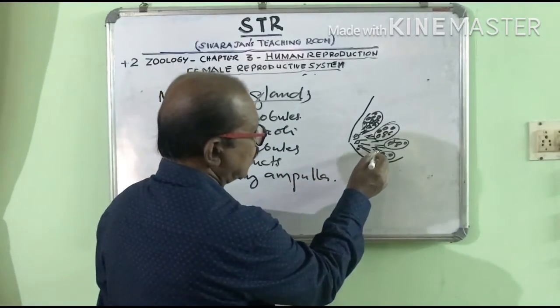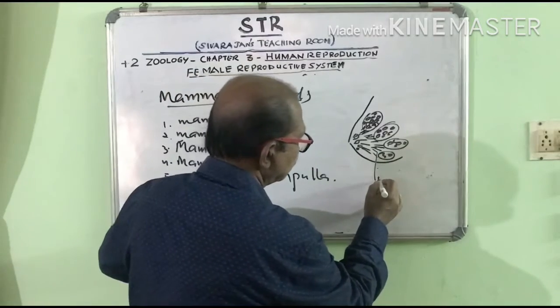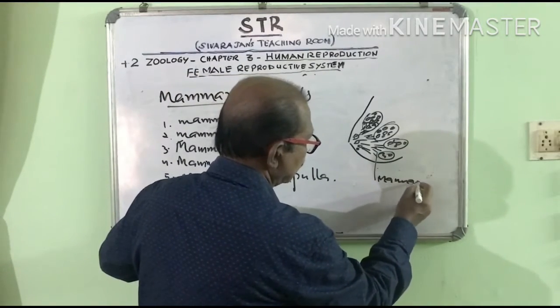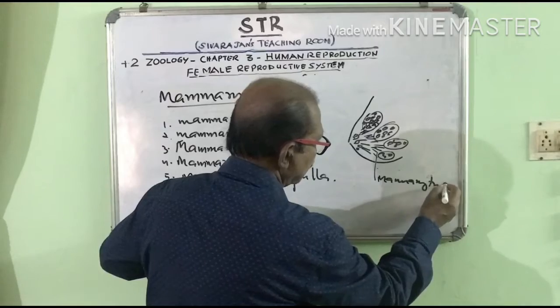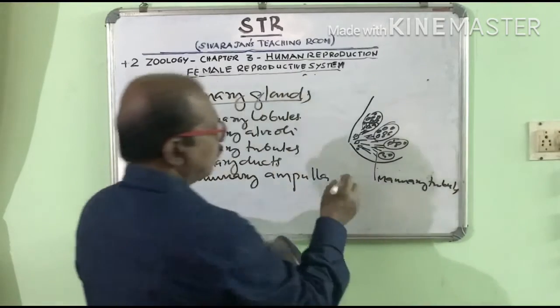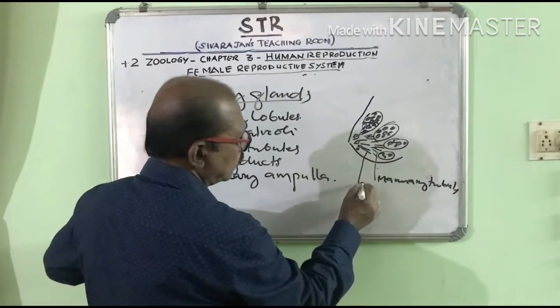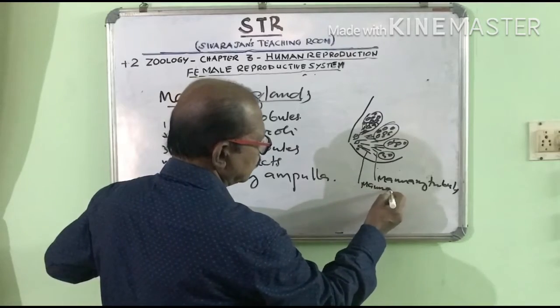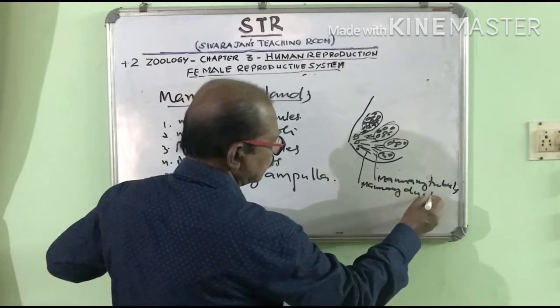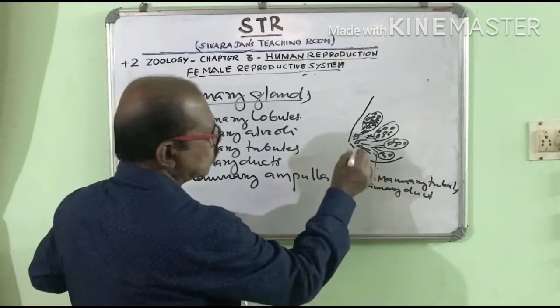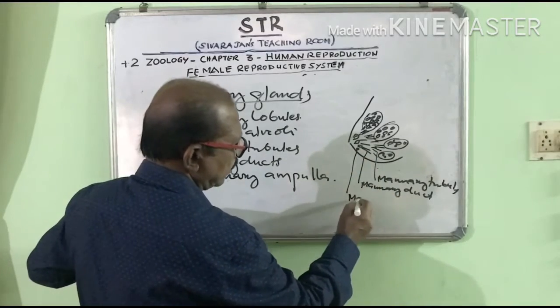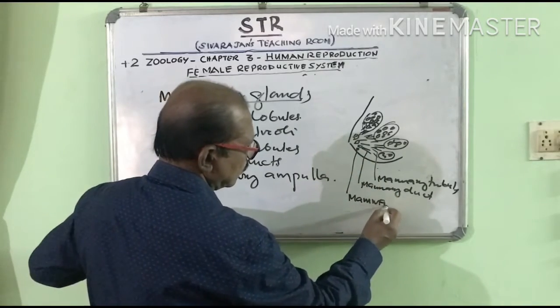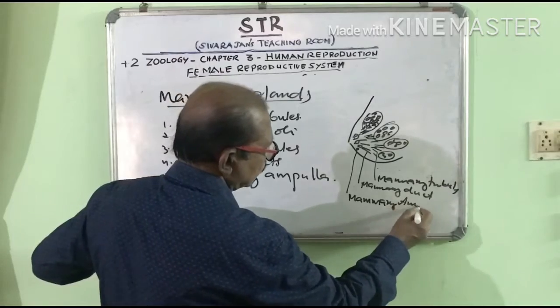So these are the mammary tubules. Many mammary tubules join to form mammary duct, and many mammary ducts join together to form mammary ampulla.